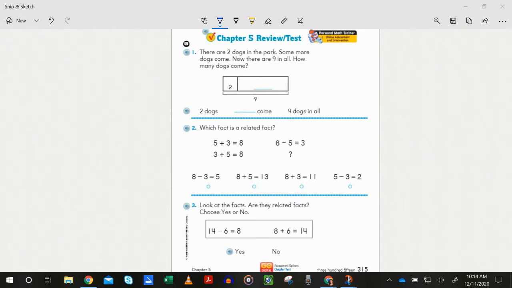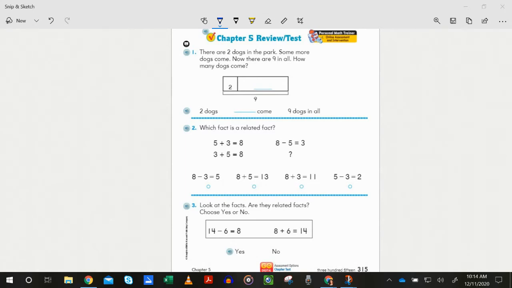Number 2, which fact is a related fact? Okay, so look in here, we have 2 addition sentences already, and we have 1 subtraction sentence. What would be the 4th number sentence to be related?